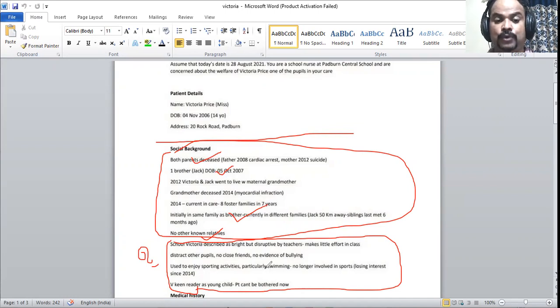This is not known by the doctor. So at no point do you need to include these things, but we need some relevant data here.